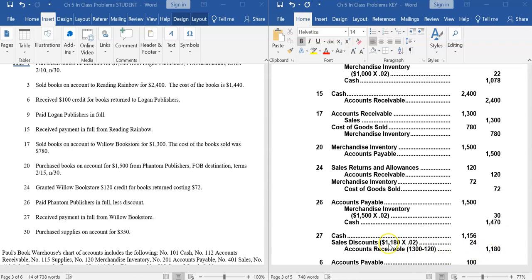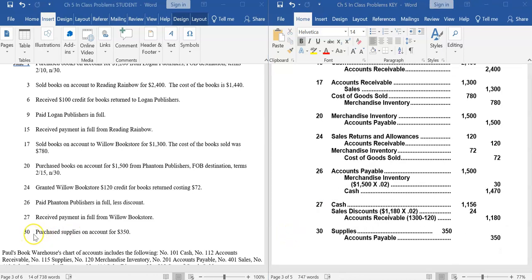The discount will be taken off of what they now owe. So $1,180 times 2% is $24 rounded, which means that they only have to pay cash of $1,156. So our cash increases $1,156 with a debit. And remember, this is relating to a revenue. So we use a contra revenue account to record the revenue given up for the discount.